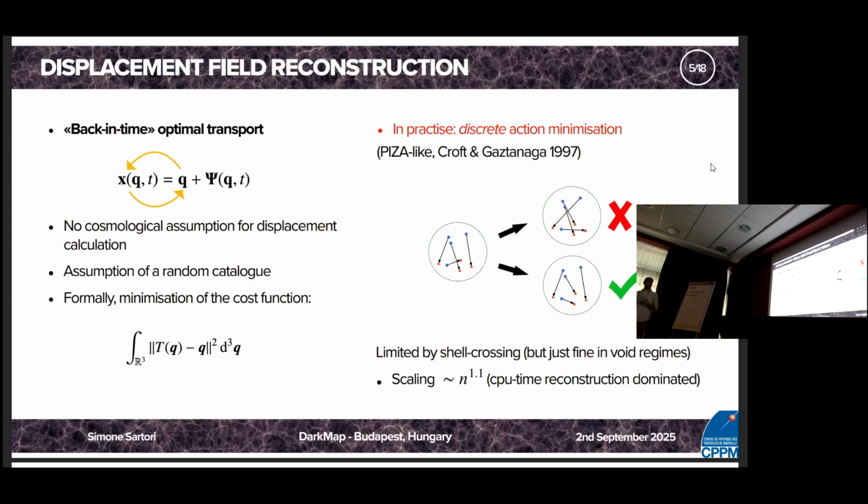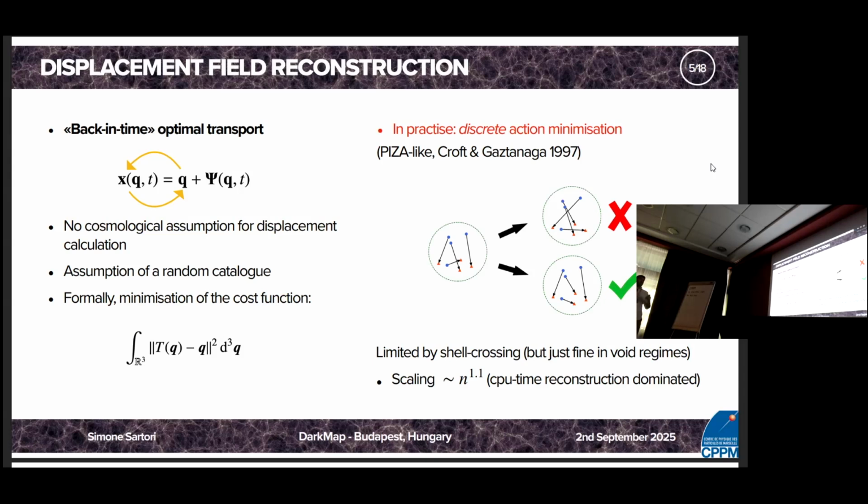Formally, what we want to do is to minimize a cost function that in our case is the total distance between two sets of points, the position at present time of our tracers, and a set of random positions that mimic the position of the tracers, let's say, in the early universe.